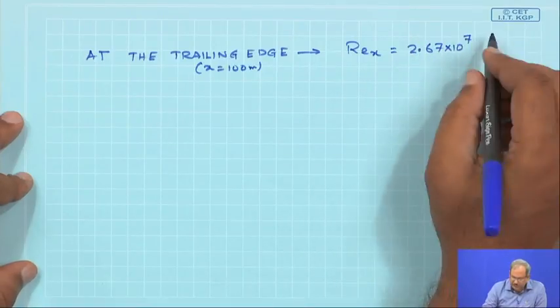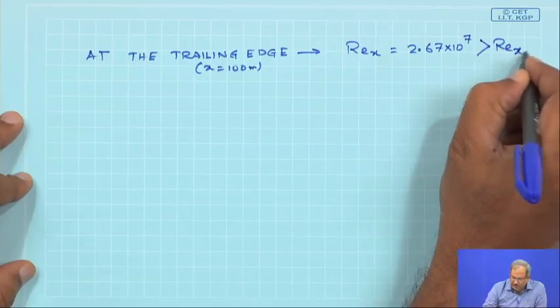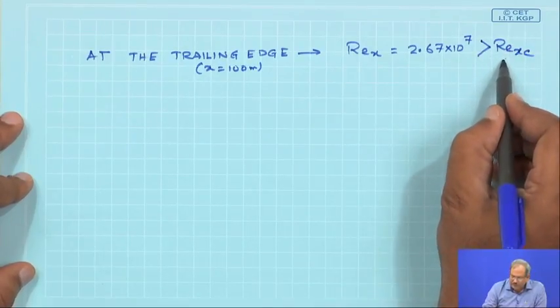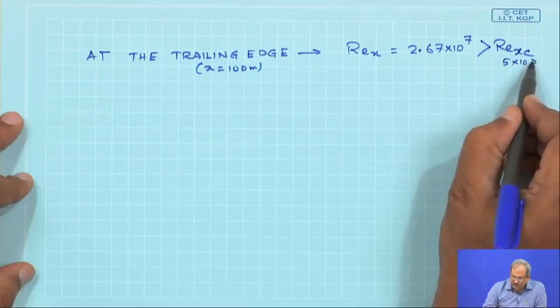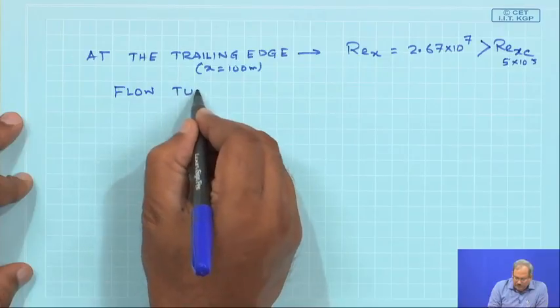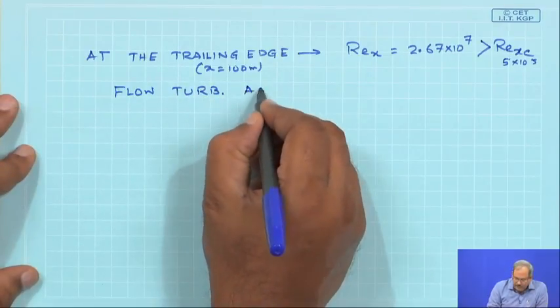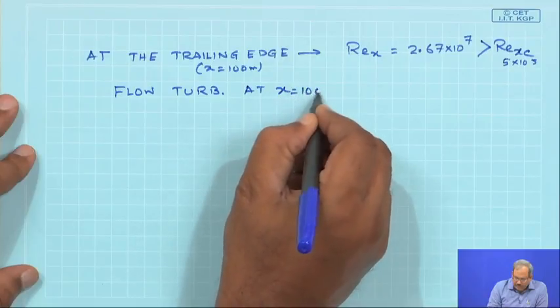I am not doing this, you are going to do it on your own, which is definitely greater than the transition value of Reynolds number, that is 5 into 10 to the power 5. So, therefore, flow is definitely turbulent at x equals 100 meters.